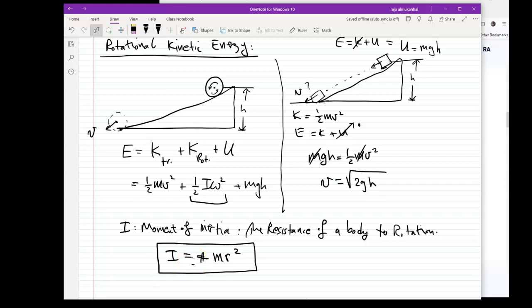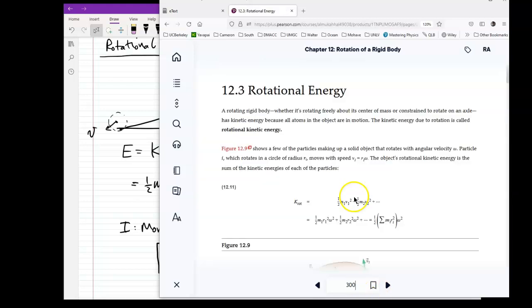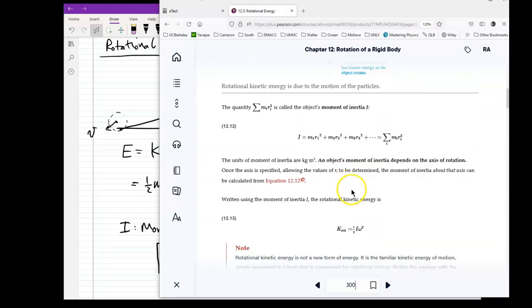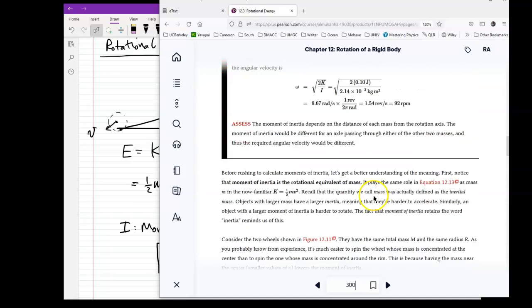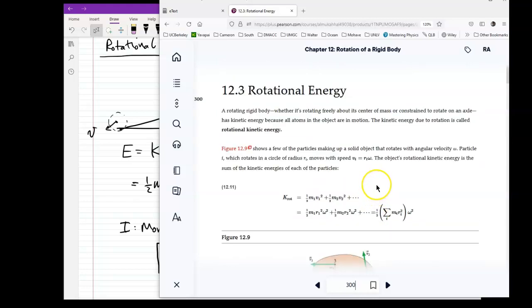It's on page, let me go to page 300 here. I thought the table is here, page 300. Should have the same book.